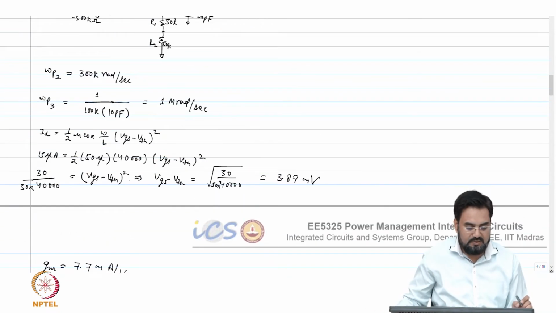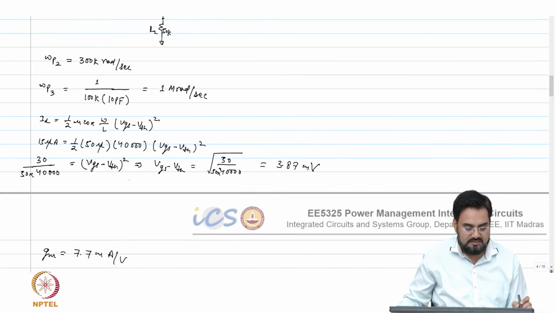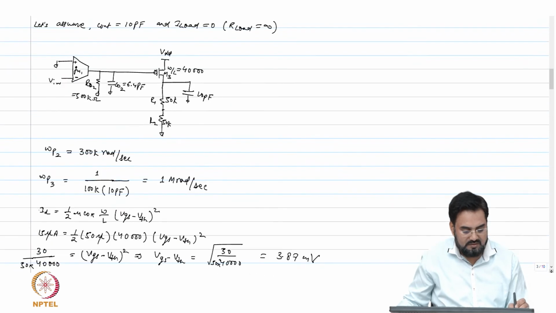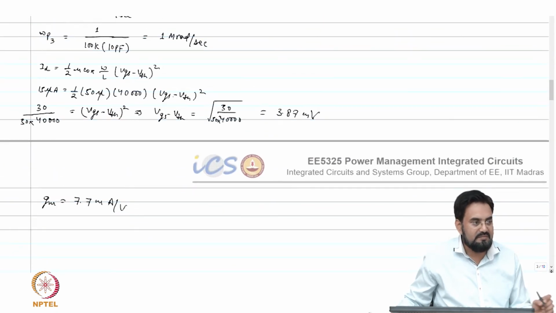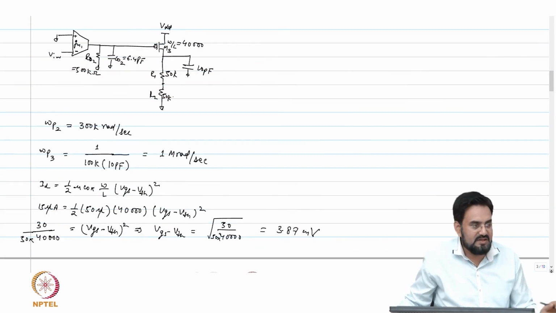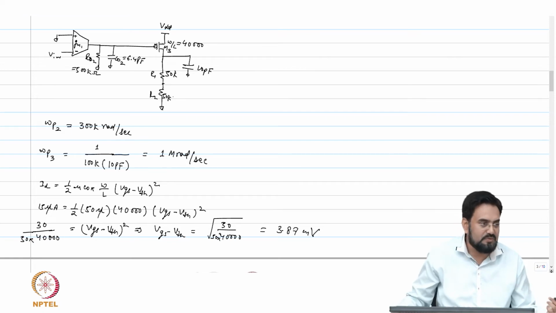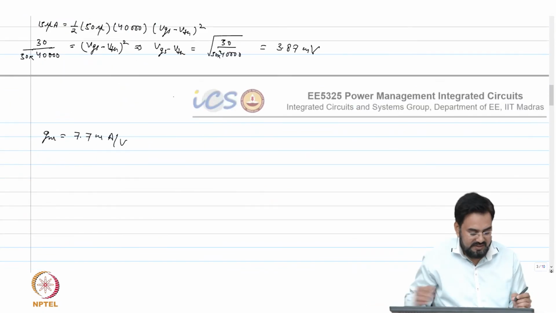And what is your R out? Amount is 100k. No, but there is one more R out in parallel. RDS. So what is that? Lambda, 1 over lambda. So this is the smallest device, so assume lambda equal to 1. The channel length was 0.18.